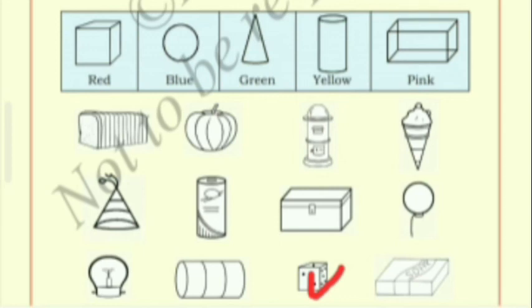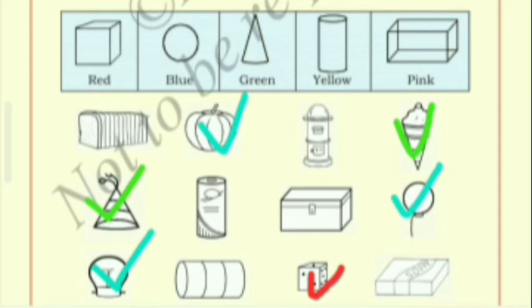For example, pumpkin, balloon and bulb. Next, you should color the objects which look like a cone in green color. For example, ice cream and birthday cap. Like this only, you should color the objects which look like a cylinder in yellow color and cuboid in pink color.